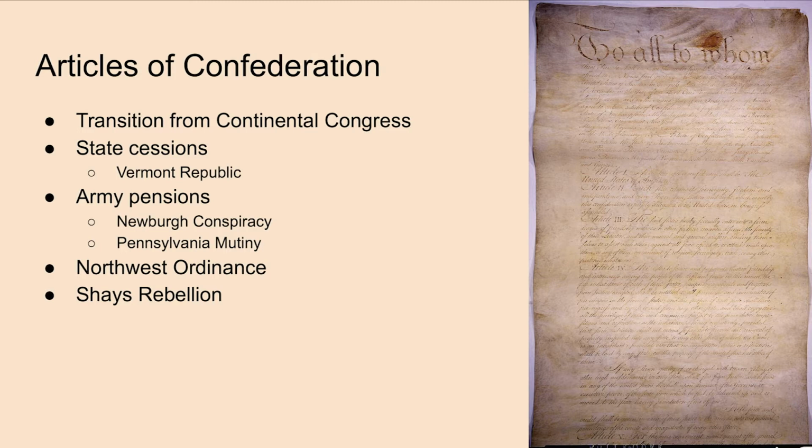They can figure out how to spend enough money for the war, but to pay for the people who come back, that's a whole different issue. And veterans will continuously cause problems throughout this early republic period because of these pensions.